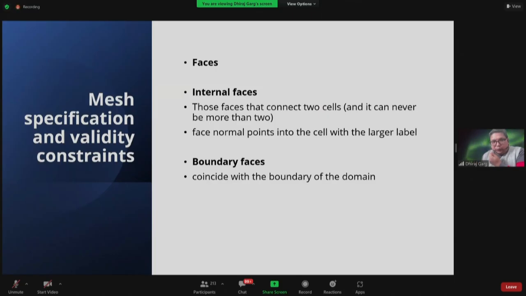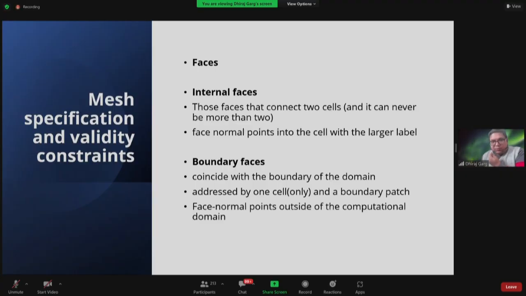Okay, so it will coincide with the boundary of the domain and be addressed by one cell only as a boundary patch. And the face points so that the normals, if you look at them, will point outside the computational domain. So when it is pointing outside the domain, it will not encounter any cell within the computational domain.